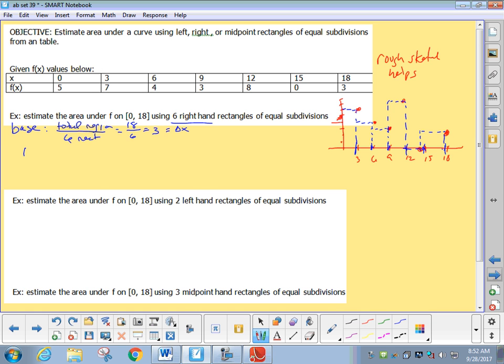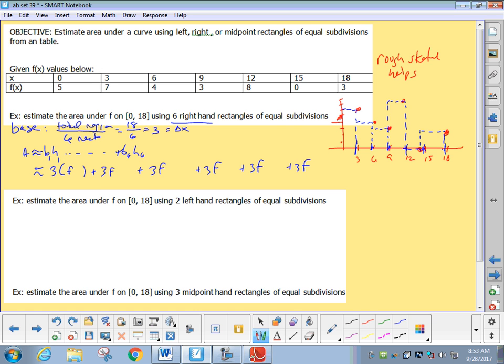So if I were to estimate the area here, base 1, height 1 through base 6, height 6. What's the base of every rectangle? 3. 3, 3, 3, 1, 2, 3, 4, 5, 6.